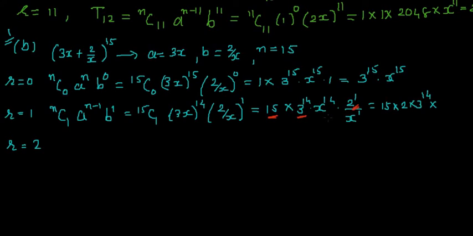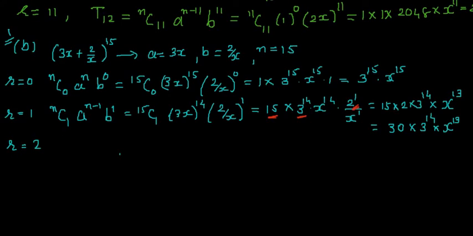X raised to 14 upon x raised to 1, by laws of indices, is x raised to 14 minus 1, that is x raised to 13. Further, if you want to simplify, you have to use a calculator. So it is 15 into 2 into 3 raised to 14 into x raised to 13. This is going to be the second term in the binomial expansion.